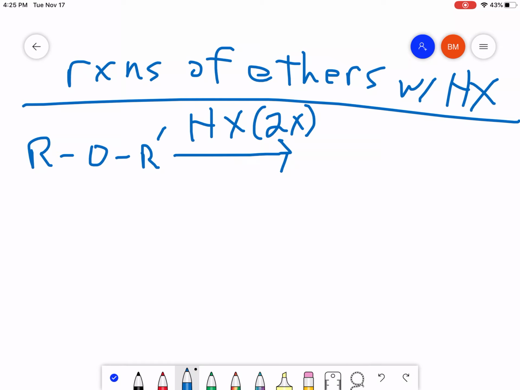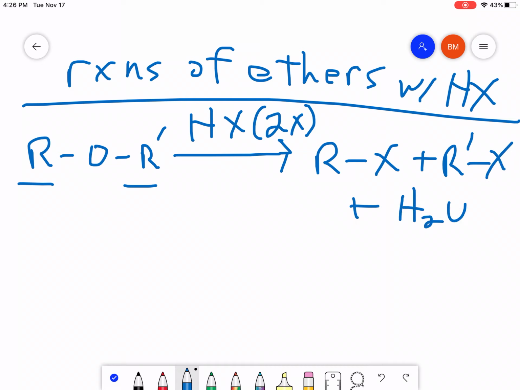It basically means we add enough to react 2 times. And what's going to happen is each one of these R groups ends up halogenated. So you end up producing this, and this is your main organic product. You also get water as a byproduct.